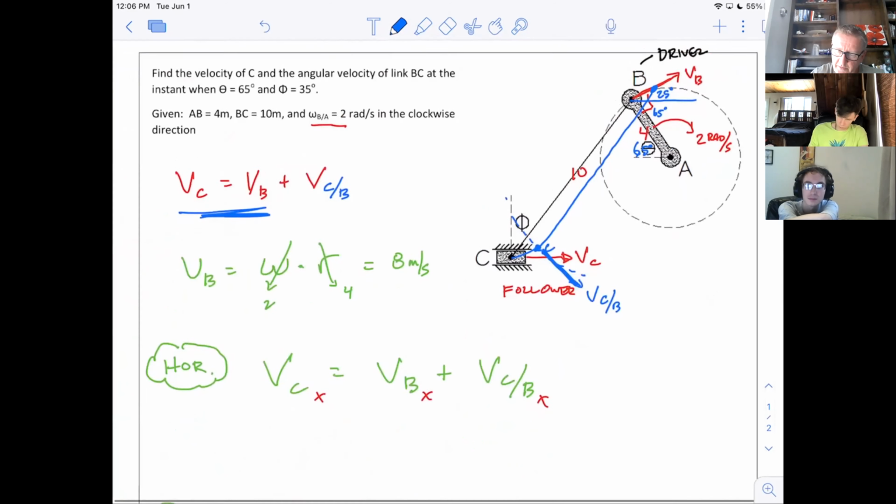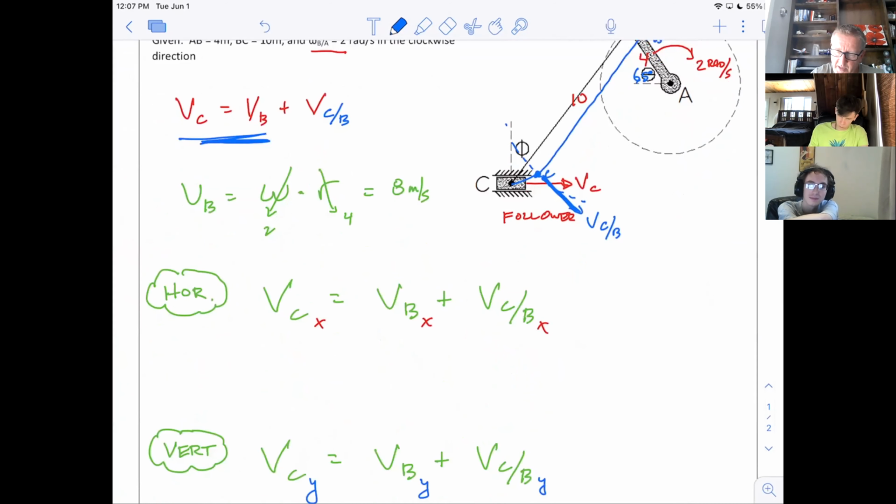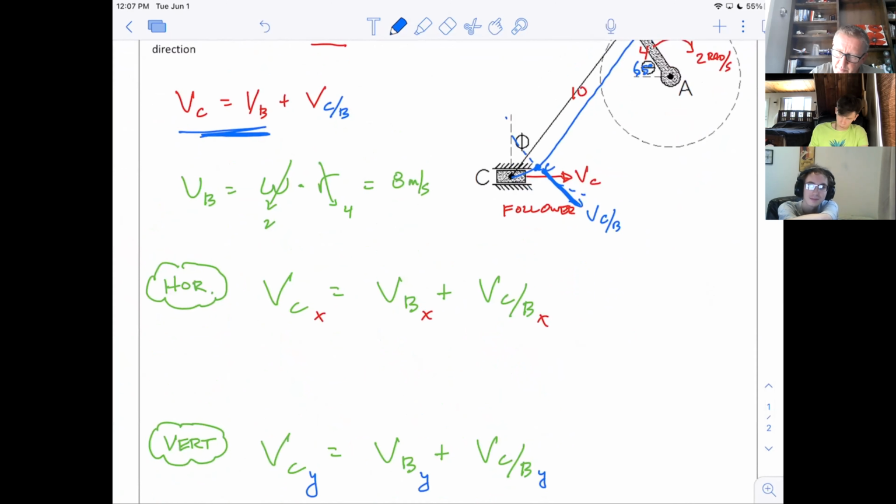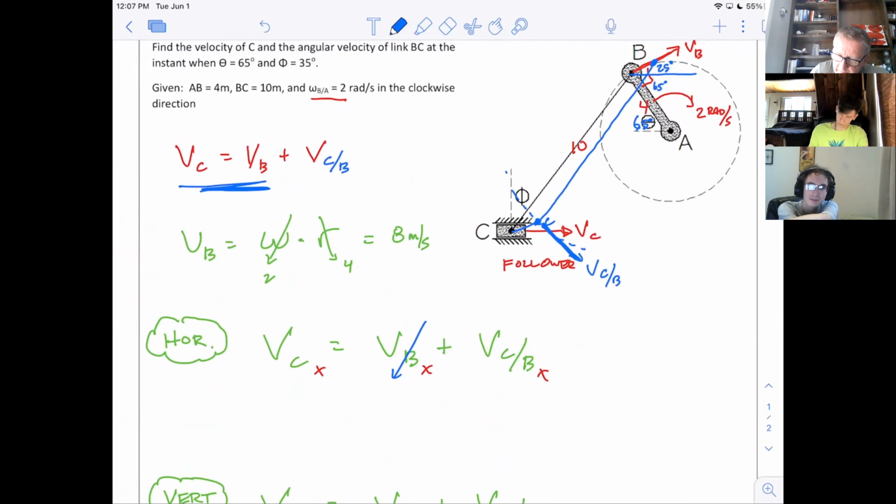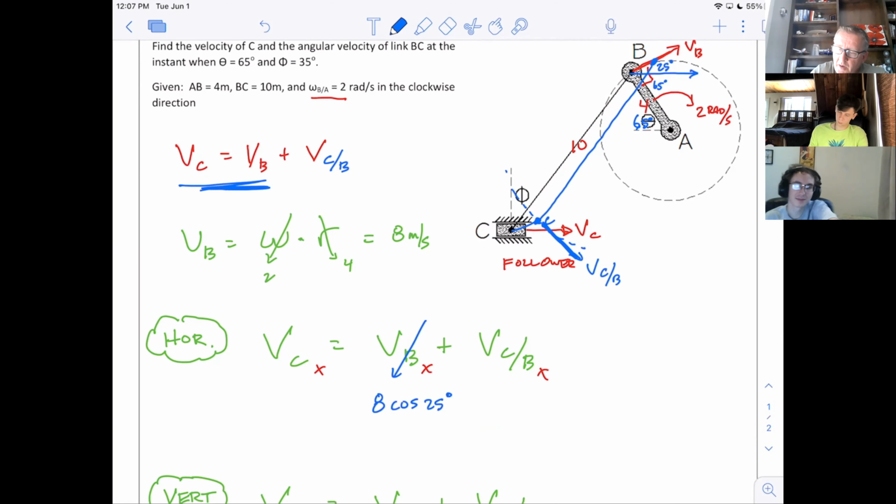So, okay, I can at least go down and talk about the velocity of B now. So the velocity of B in the X direction would be 8, but modified by the cosine of 25 degrees. And notice it's aiming right, and I'm calling that positive. So far, I think I'm cool.